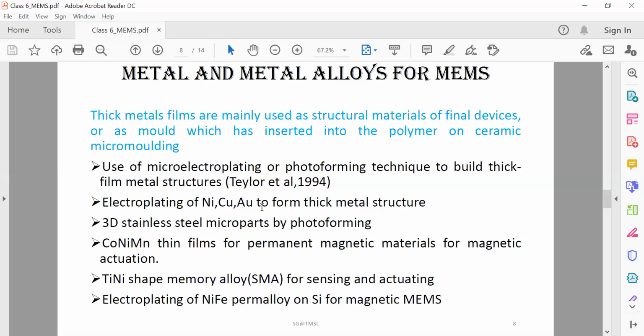Those are deposited by electroplating techniques, and various applications are there for the electroplating of gold, nickel, copper, etc. Copper is particularly used nowadays in VLSI for interconnecting purposes because of the very low resistivity of copper.